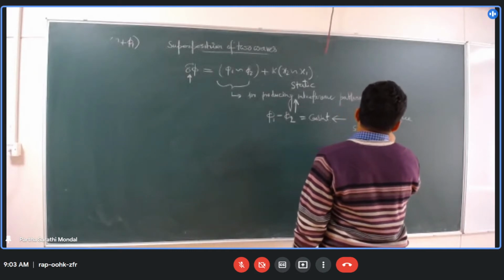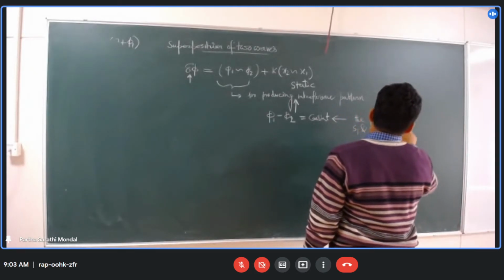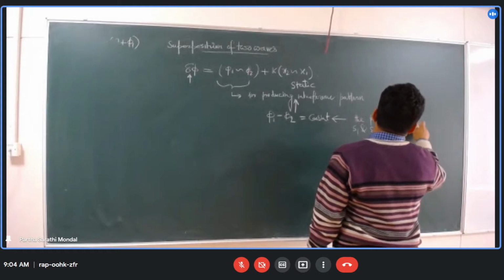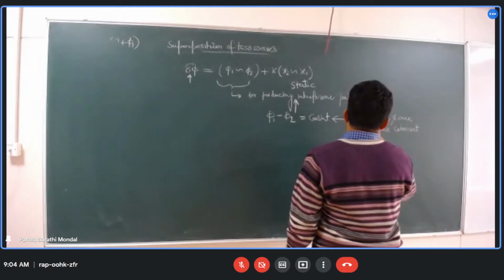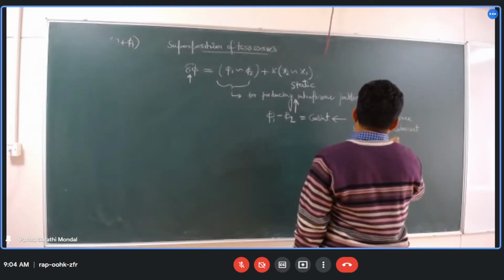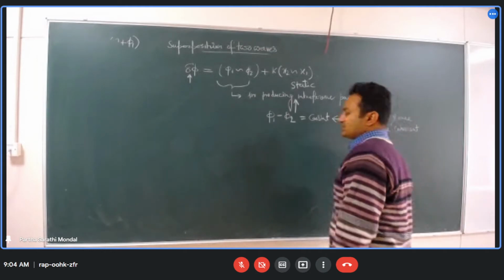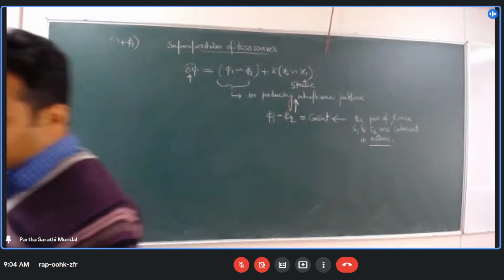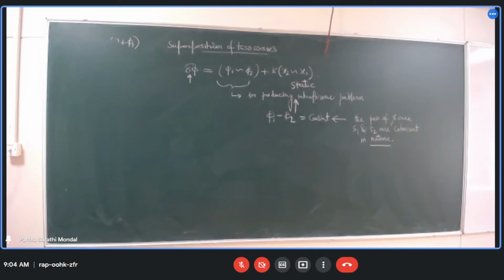So if they maintain this condition, we call the pair of sources S1 and S2 coherent in nature. They have coherence. Okay. So now, what is the meaning of that? That means it will not change.